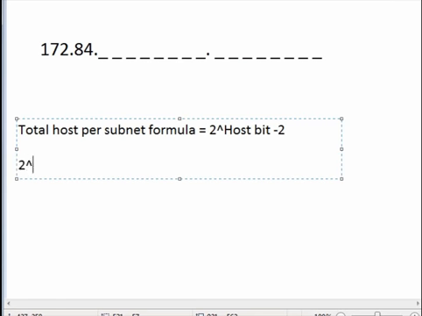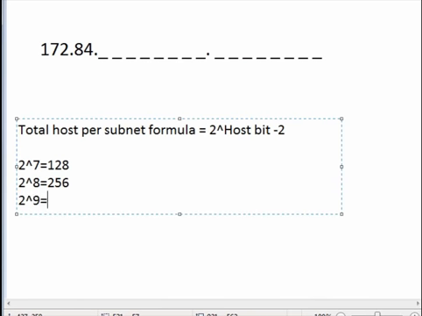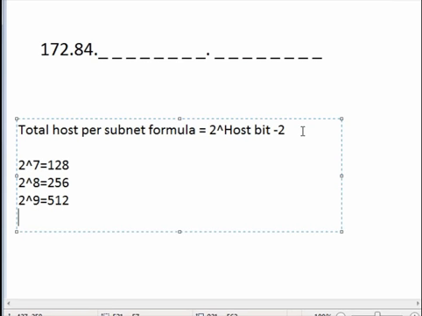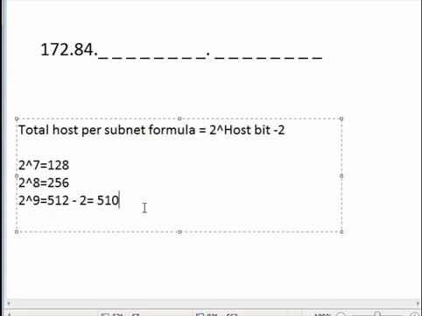Now 2 to the power 7 is equal to 128. 2 to the power 8 is equal to 256. 2 to the power 9 equals 512. If you do minus 2, it will be 510. But the question says the company has 511 hosts per network, so it will not work. We will move to 2 to the power 10, which is 1024 minus 2, equal to 1022.